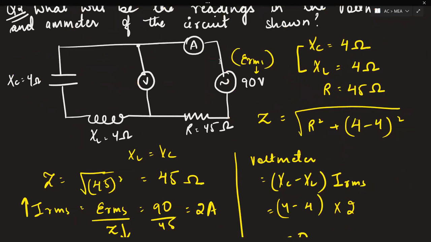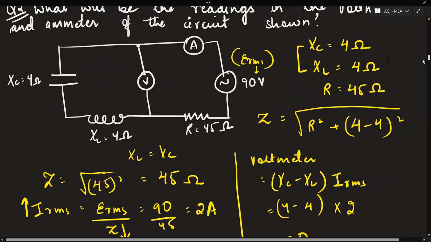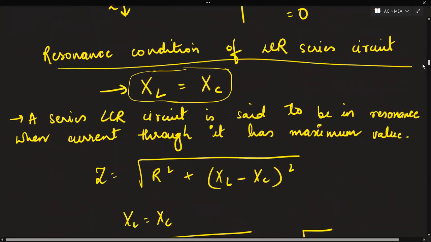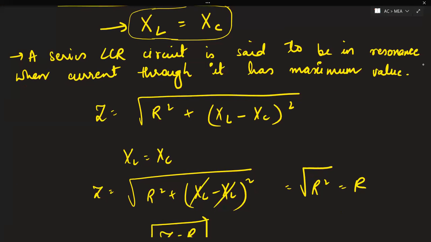Now, one case we did was the natural or resonant frequency, that is the resonance condition of LCR. The important thing here was that XL is equal to XC, because the current was maximum at this point. Current will only be maximum if you reduce the resistance and allow the current to flow; then only will current be at its peak value.